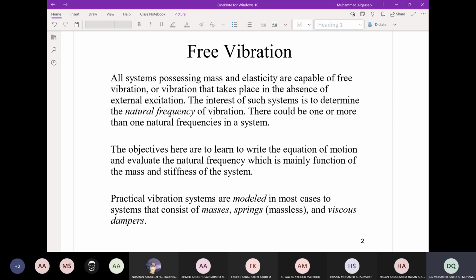And I told you about forced vibration last time in chapter 1, the vibration that takes place under external excitation, which means there is a force with an excitation frequency. The excitation frequency is not necessarily equal to the natural frequency.